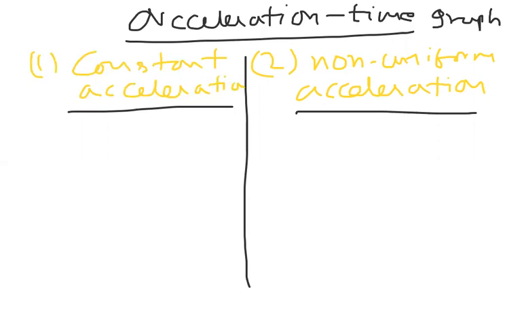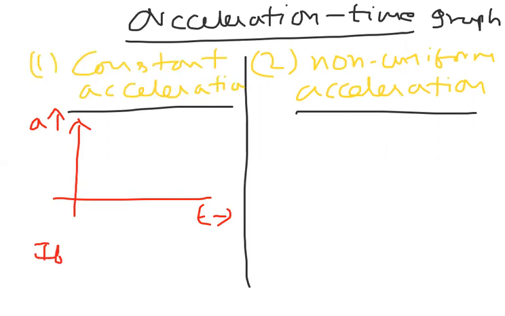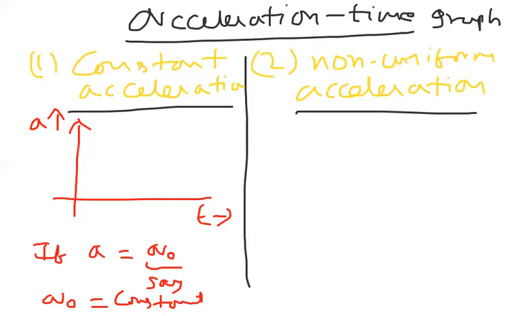Acceleration is constant means what graph do you have to draw? For the acceleration time graph, I'm taking acceleration on the y-axis and time on the x-axis. Suppose a is equal to a naught. This a naught is constant, and it is on the y-axis.